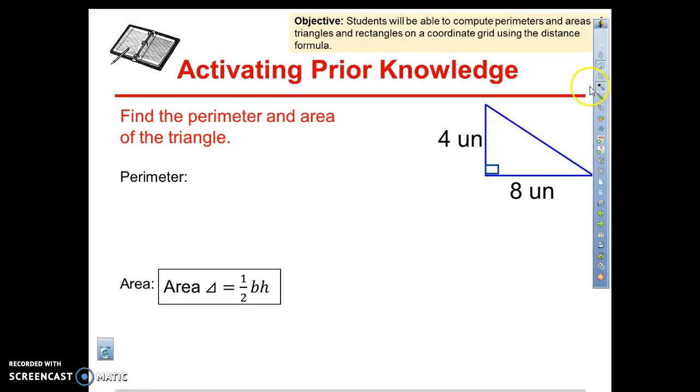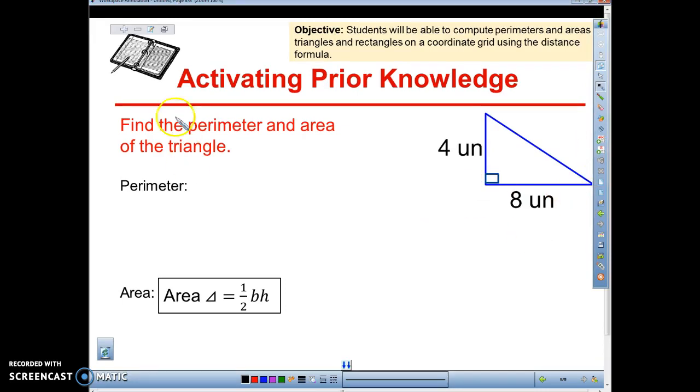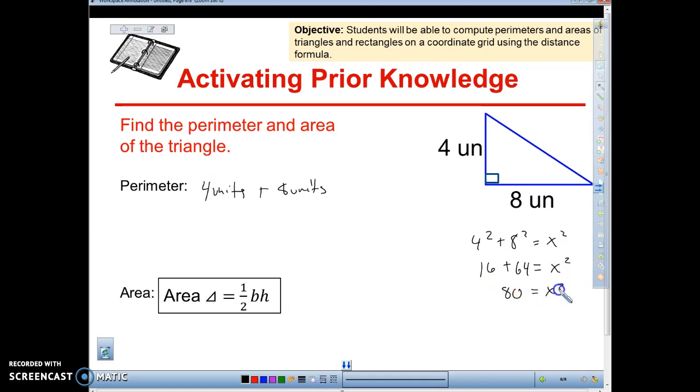For a triangle, our perimeter is still the same. It's going to be the distance around the outside edge. So I'm going to add up all the sides. So that would be 4 units plus 8 units. And notice how I'm not given the hypotenuse, but that is no problem because we have the Pythagorean theorem in our back pocket, which tells us that 16 plus 64 is equal to x squared, which is just 80 equals x squared.